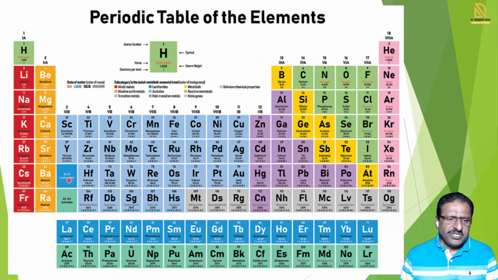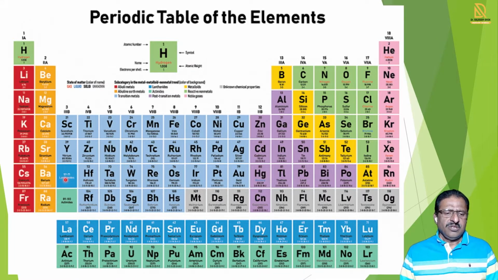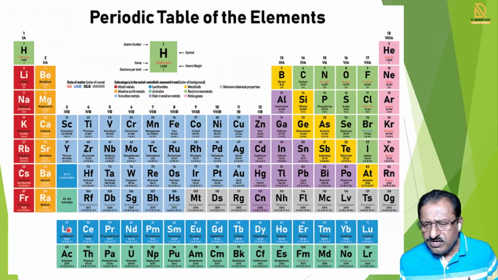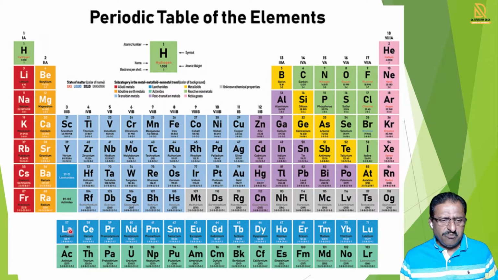So 57, and after that electrons are filled in the d orbitals. So these are the d orbitals. Here 57 is lanthanum, and from 57 to 71 electrons are filled in the f orbital.